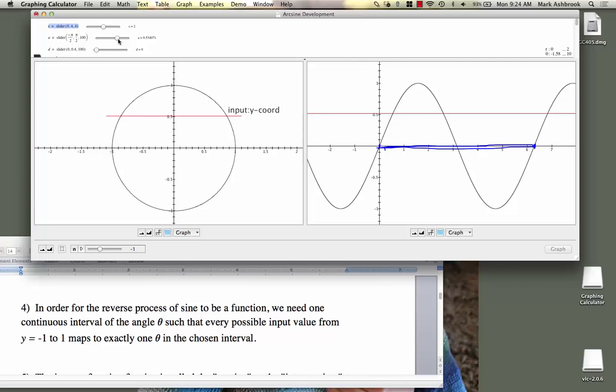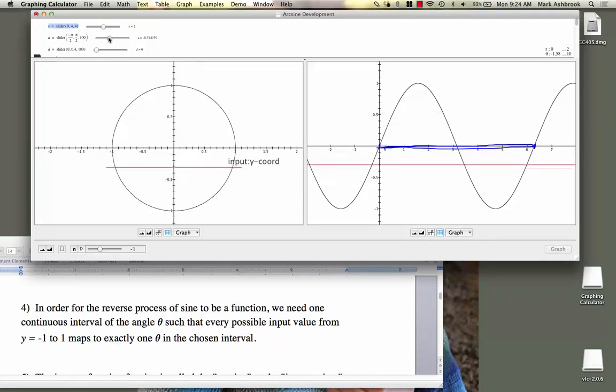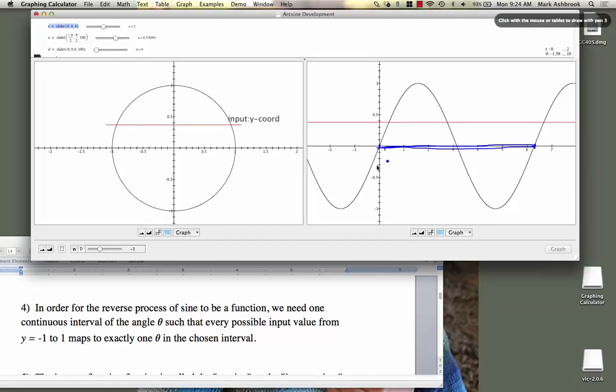Does it work, Jad? So look over to the right. But what about right here? So right now I'm going to choose this y coordinate for the input. Do I get just one angle between 0 and 2 pi that corresponds to that y coordinate? No, you get two, right? You get an angle here, and you get an angle here.